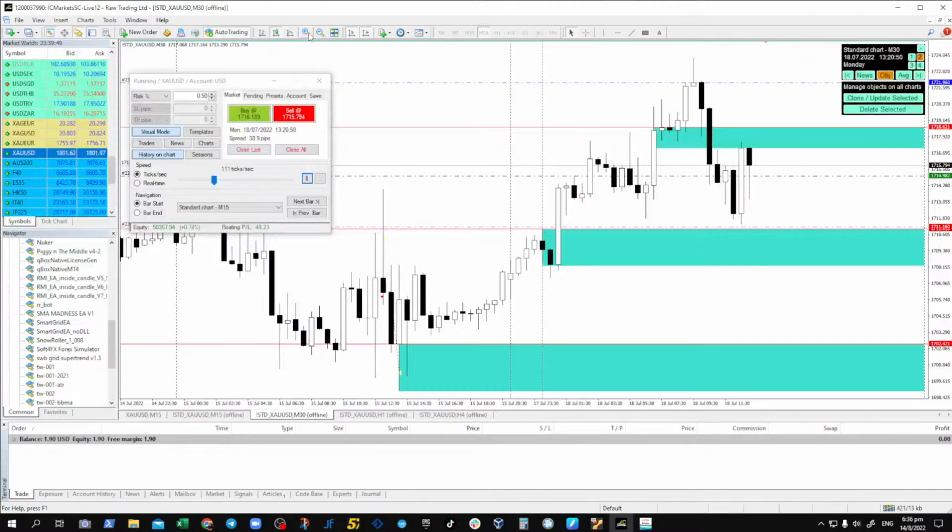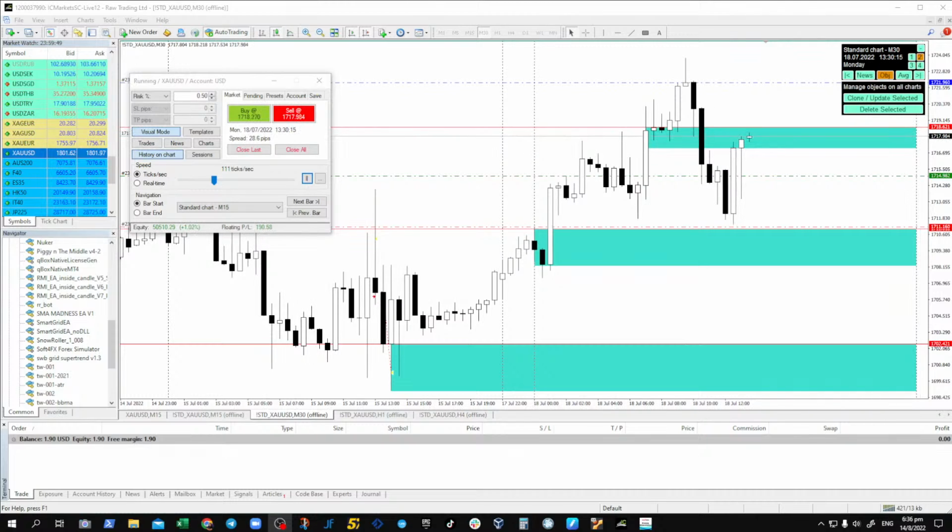Let me zoom in a little bit so it's easy to see. As you can see here, at 6:30, price continues to be bullish, and currently the last candle here is very tricky.